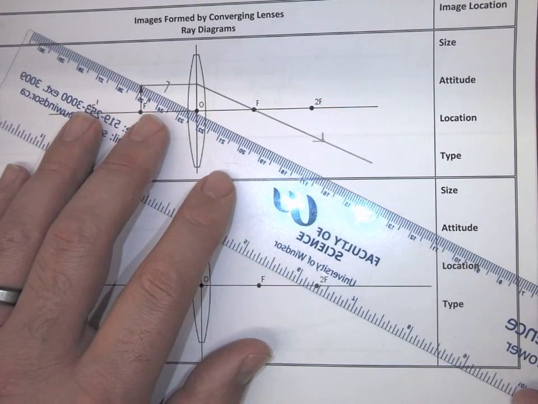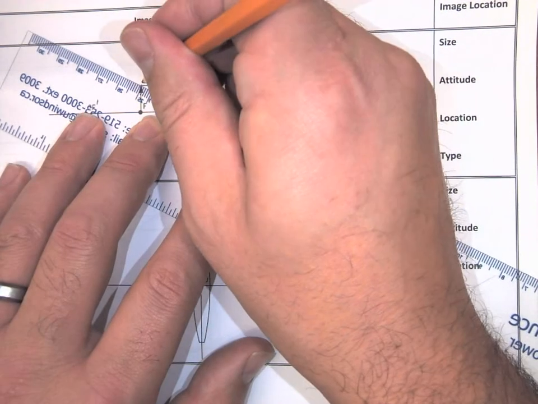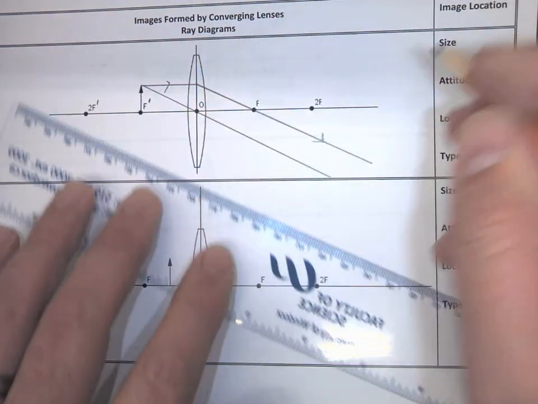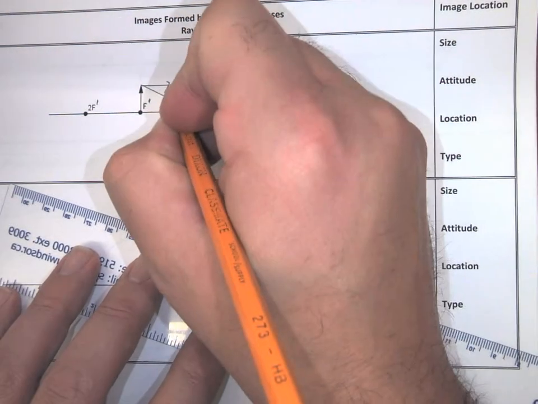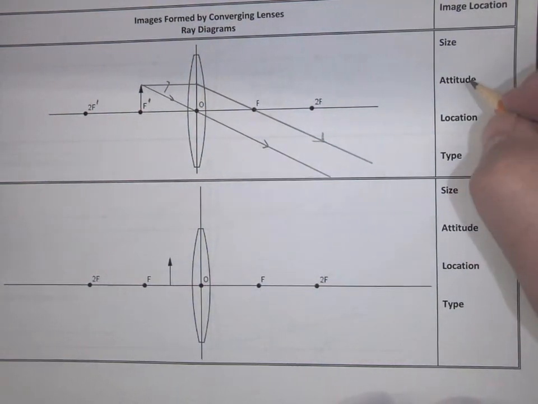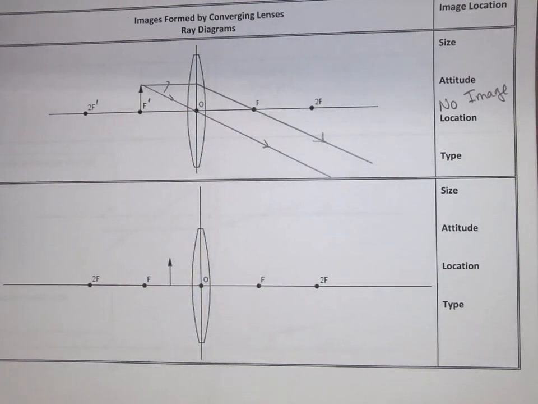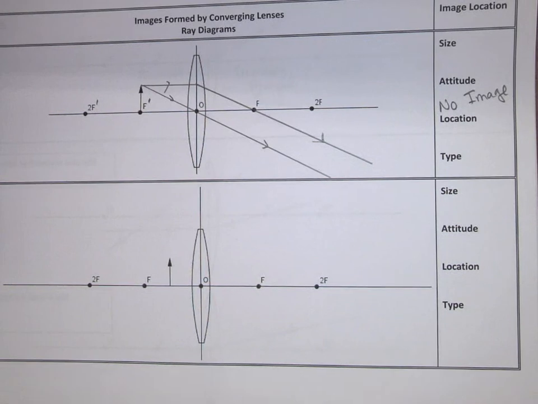Ray number 2 can be drawn directly through the optical center. Each refracted ray is parallel, so in this case we will get no image created. They will never converge.